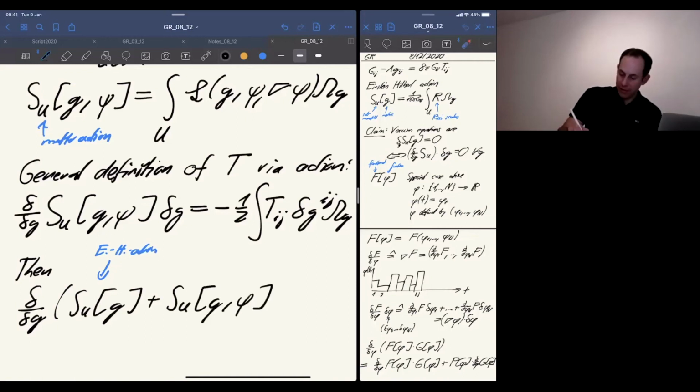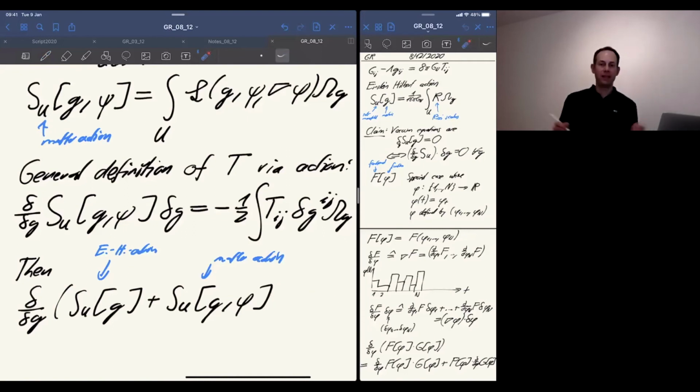Again, that's the matter action. And I could, of course, add several types of matter. I could have one term of electromagnetic matter, then write plus another S of particle matter, and maybe you detect even a new type of matter, dark matter. You put an additional term there, and so on.